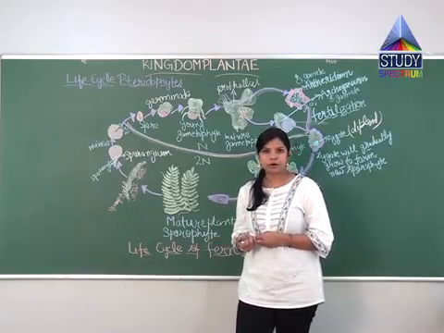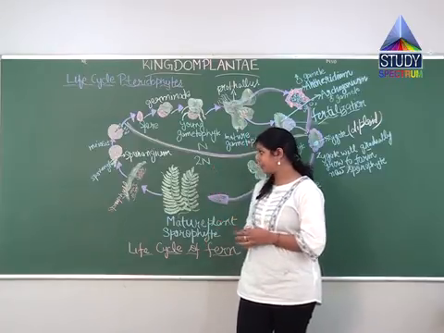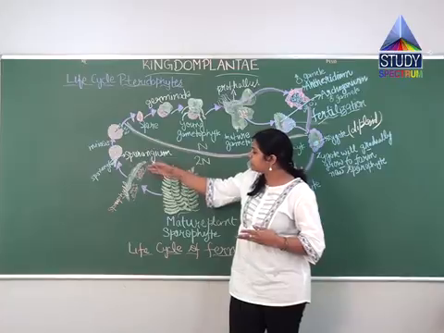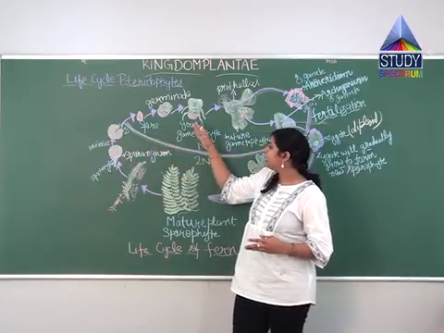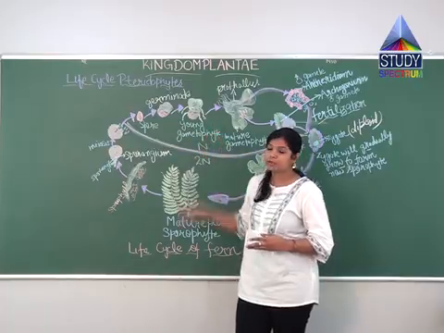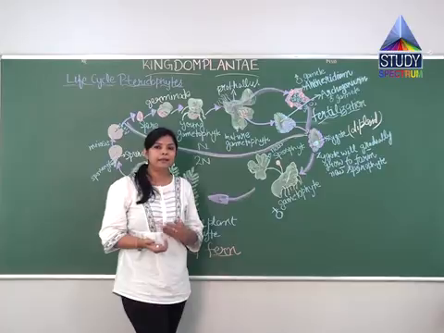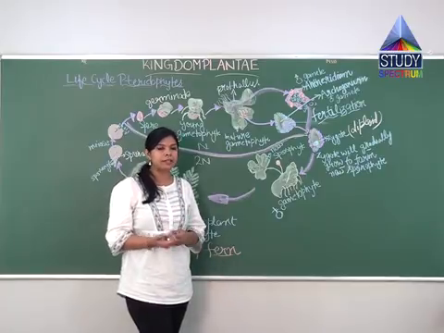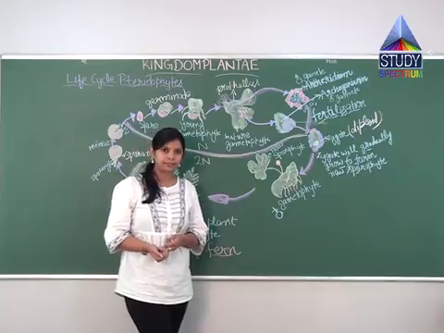Because it is a long-lived stage. After that it will release spores from the sporangium, meiosis will occur, spores will be formed and the young gametophyte will be formed. The young gametophyte is a short-lived stage and it is a single-celled stage. So this is all about the life cycle of pteridophytes.